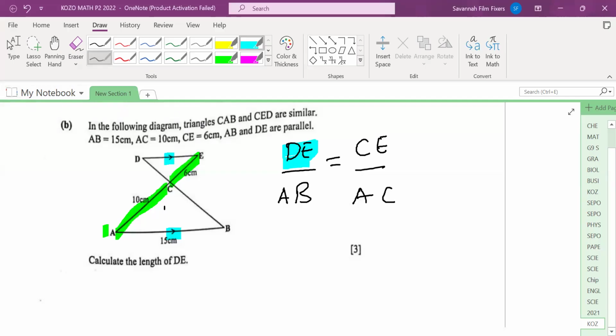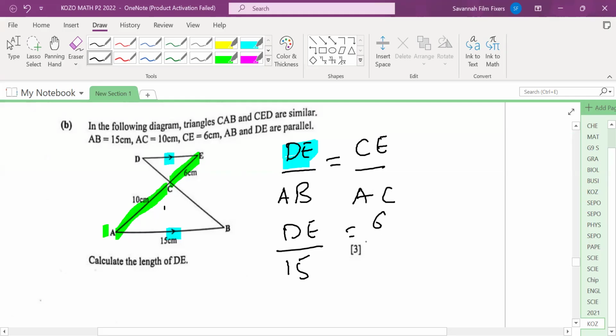So we just simply substitute. We'll say DE is equal to AB is 15, CE is 6, and then AC is 10. I'm sure you know what to do at this level. We just cross multiply.